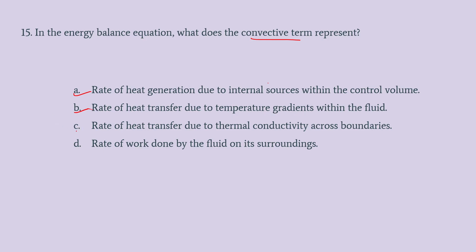Option C, rate of heat transfer due to thermal conductivity across boundaries. Option D, rate of work done by the fluid on its surroundings. So the question is about the convective term of the energy balance equation. You can try to answer the question.